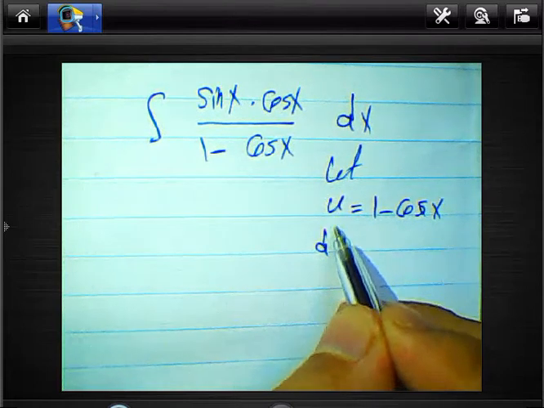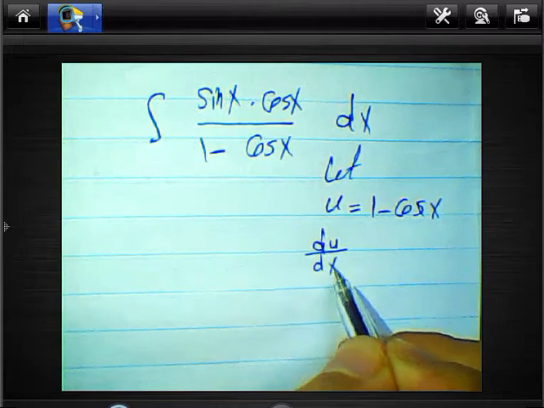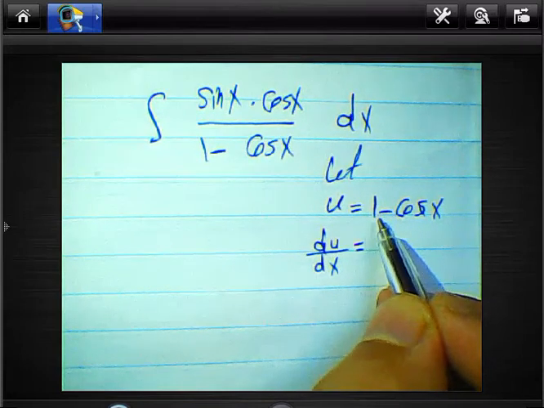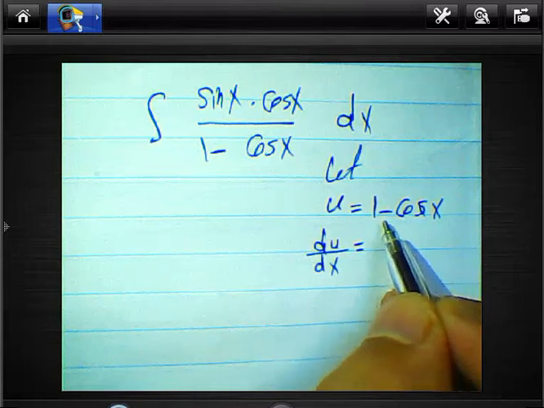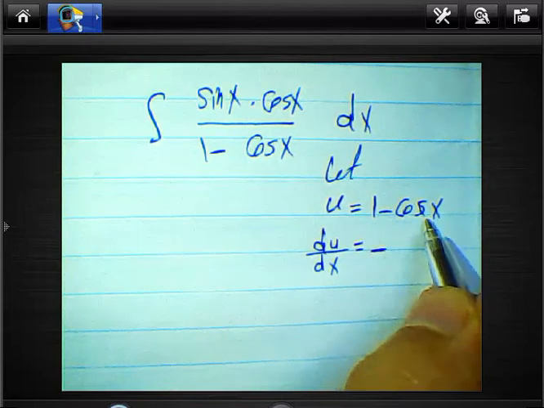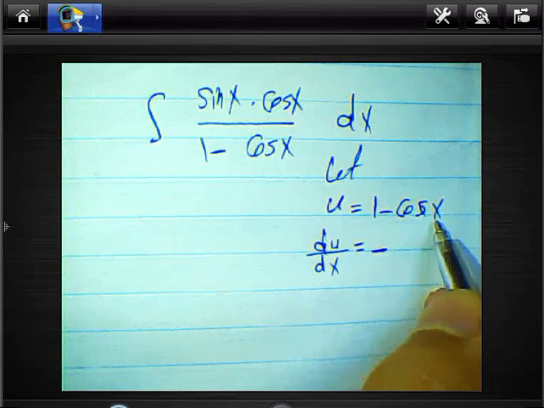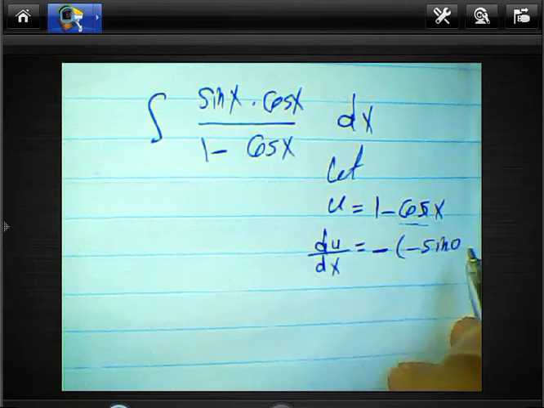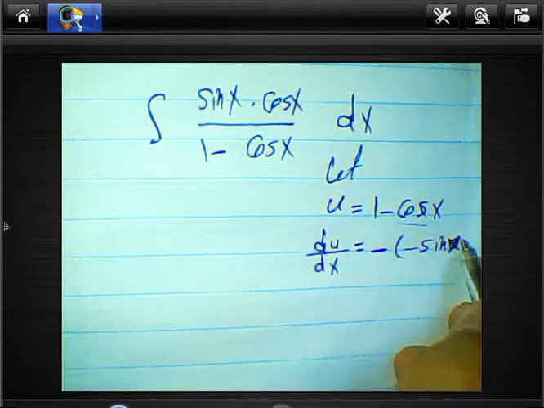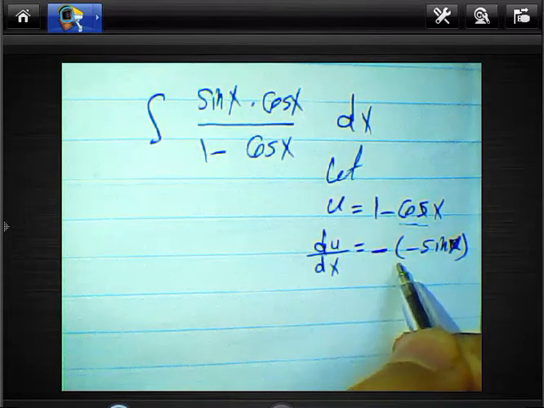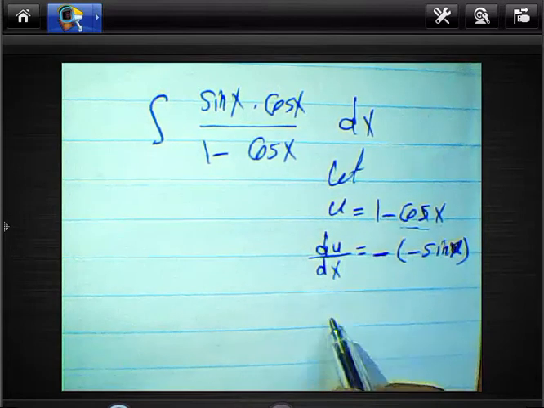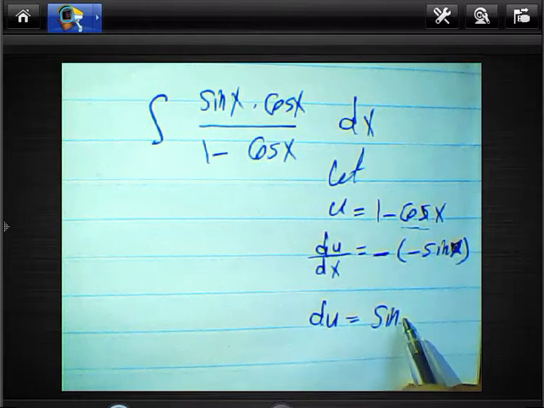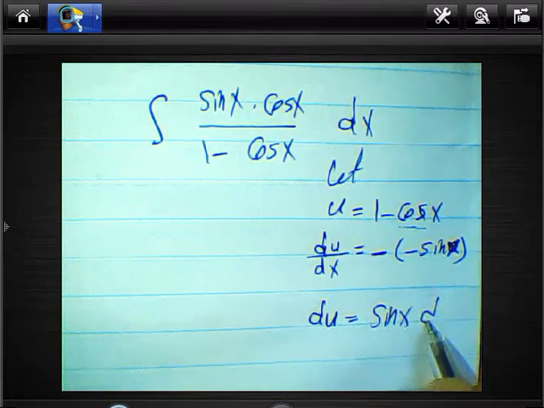the derivative of this function. du over dx equals the derivative of 1, which is 0, and we write negative cosine x, whose derivative is negative sin x. Negative multiplied by negative is positive, so du equals sin x dx.